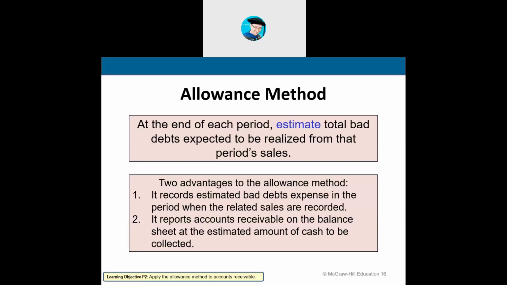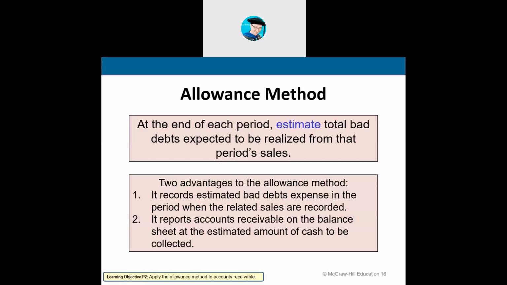That's just business, right? You're going to have a certain percentage of customers that'll fall off the face of the planet, they'll die, something will happen, whatever, so we can't collect. So what does that mean? We estimate a percentage of our total sales that will be deemed as uncollectible. And this is a very common practice with very large businesses.